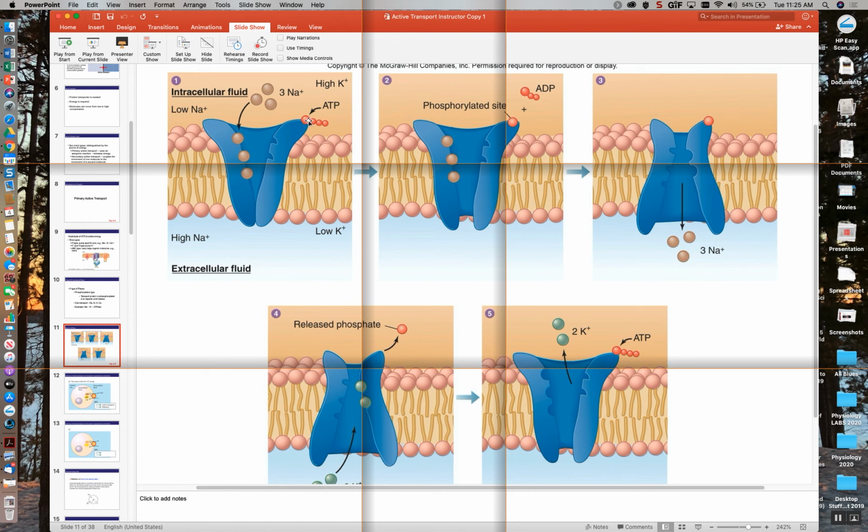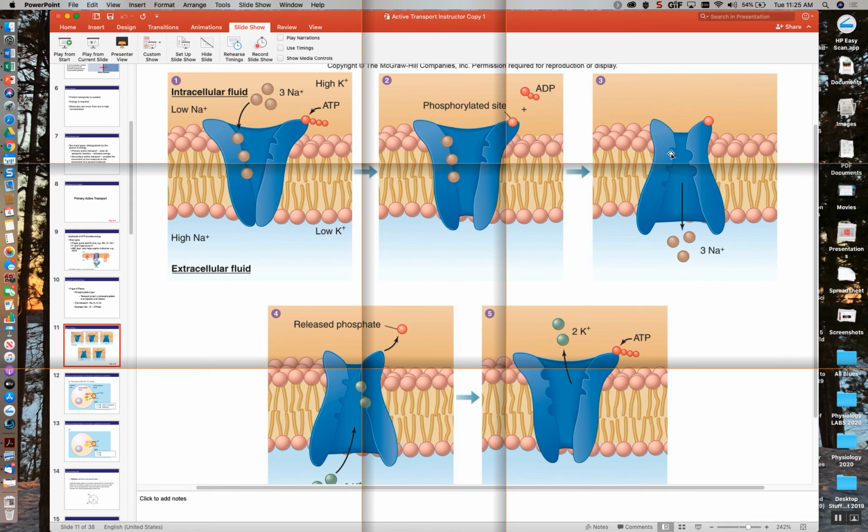Now, there's a low affinity for sodium and a high affinity for potassium. Potassium binds to the pump, and then once the phosphate group is released and ATP binds, there is a conformational change that delivers potassium to the inside of the cell.